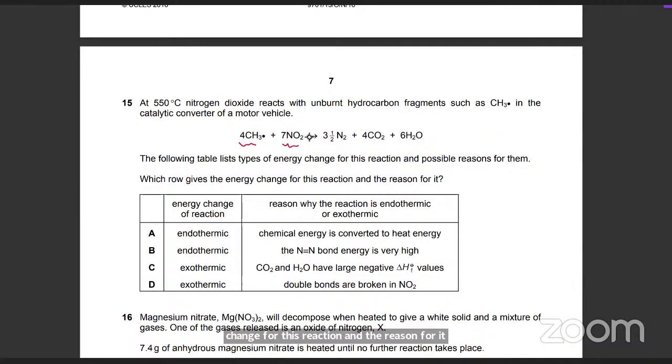So what do you think is the energy change? All of them are gases. You can calculate them. You've got a data booklet with you as well. But by just looking at it, do you think it's exothermic or endothermic? Sir, exothermic. And why is it exothermic? Sir, carbon dioxide, hydrogen, and combustion.